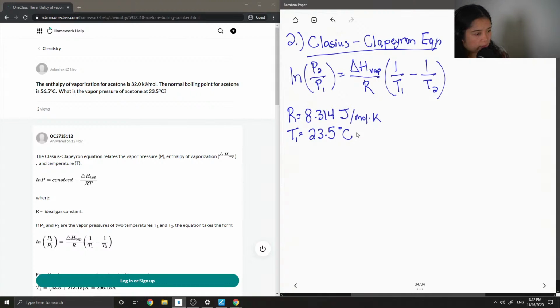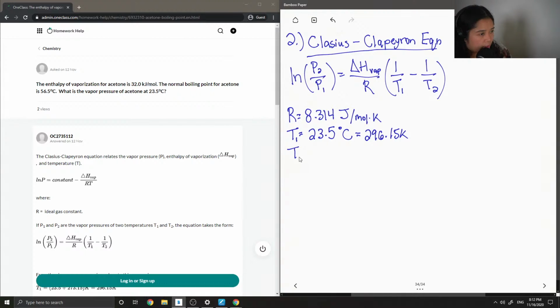I'm going to convert this to Kelvin since I want it in the same units as my R. Converting this to Kelvin would be 296.15 Kelvin.